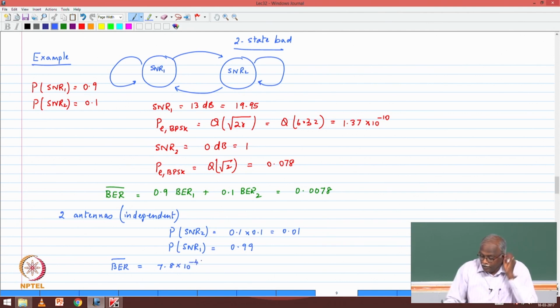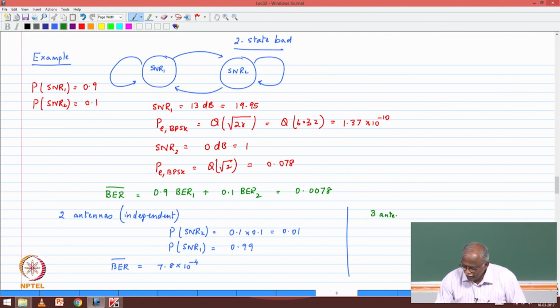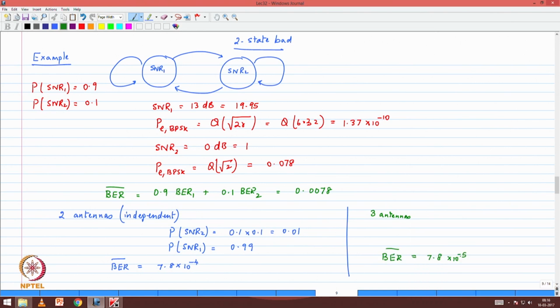Just as an interesting exercise, try 3 antennas and you will find that it's even better. The average bit error rate goes up to 7.8 into 10 power minus 5. So you're starting to see the benefits of antenna selection diversity.